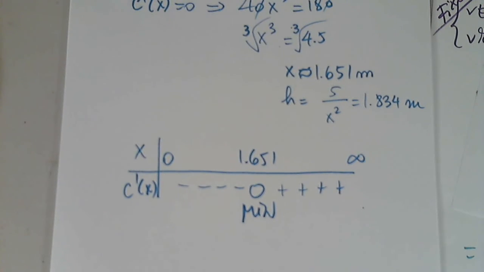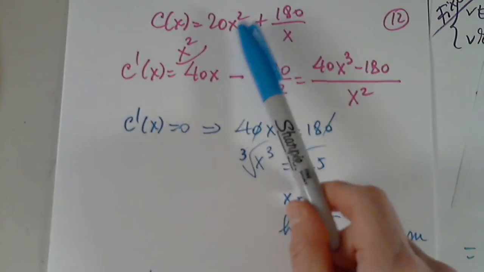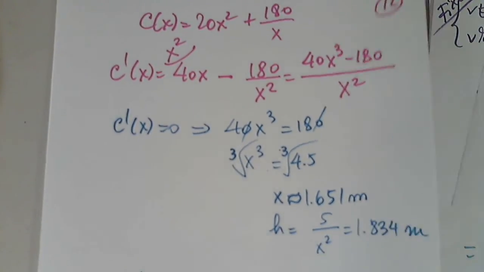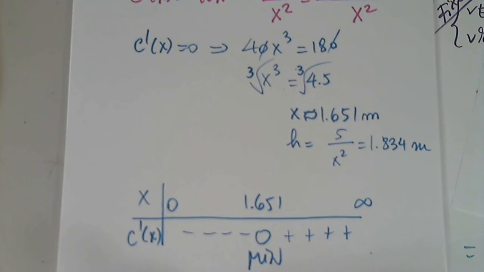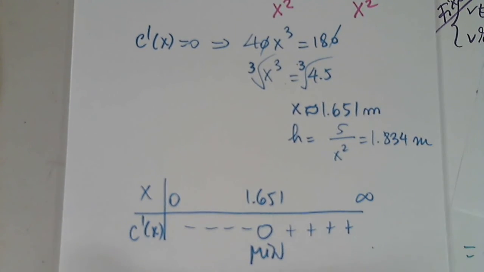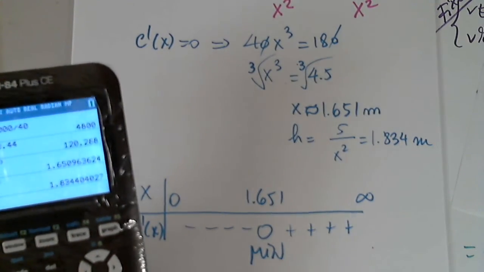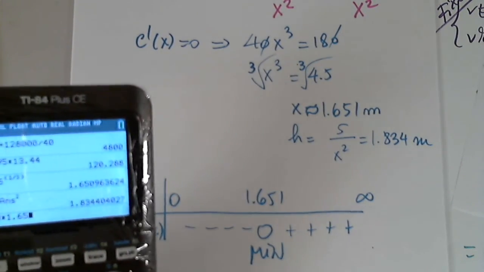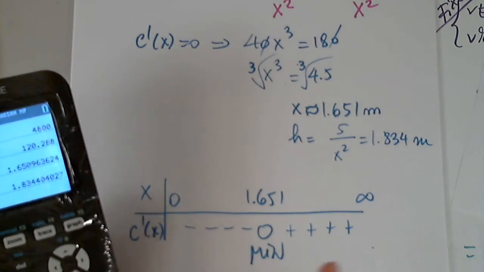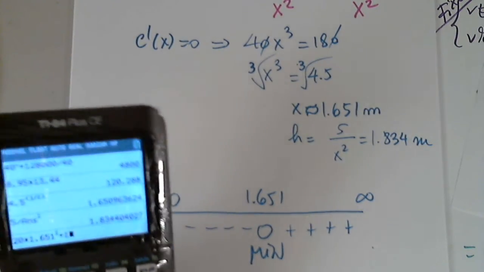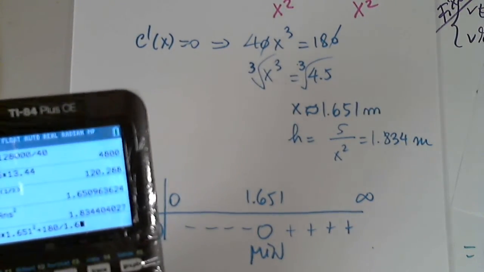If I'm asked to determine it, then I will plug into the cost function, not the function at the top. If I'm asked to find what is the cost, then I will plug in C of 1.651. And let's see if I can do it quickly. 20 multiplied by 1.651 squared, and then plus 180 divided by 1.651.